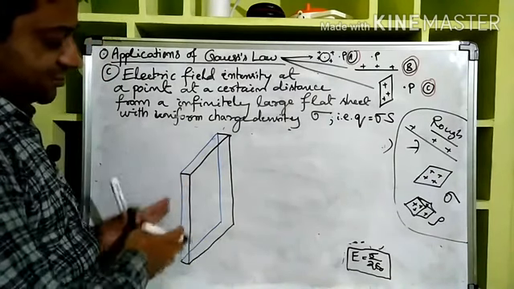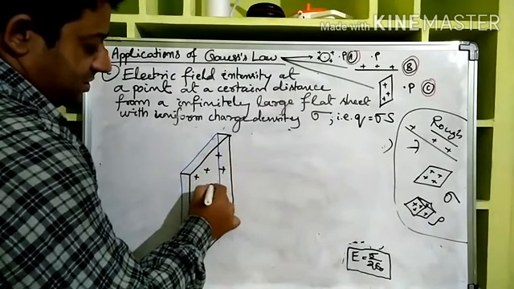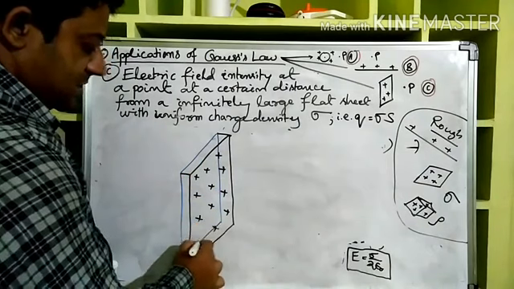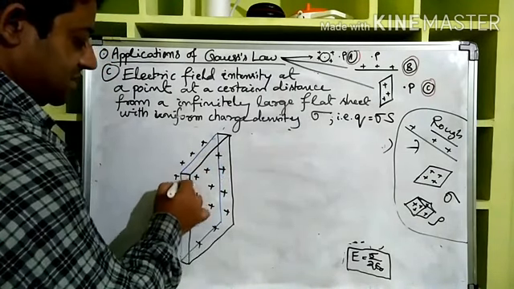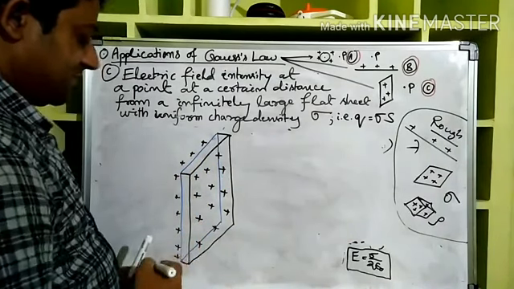On this side there is uniform charge distribution, and the opposite side also has the same charge density.